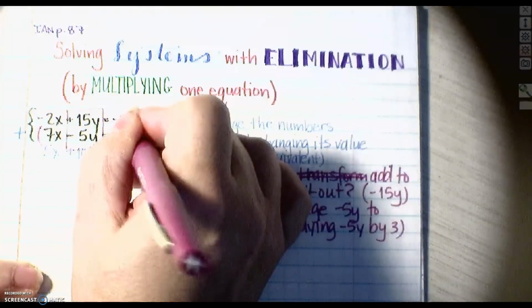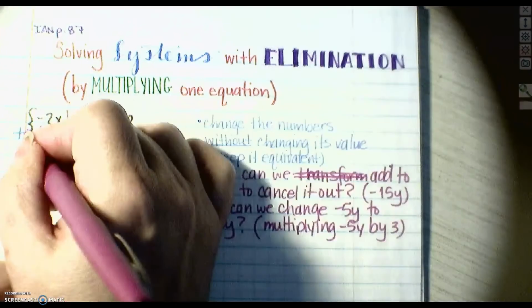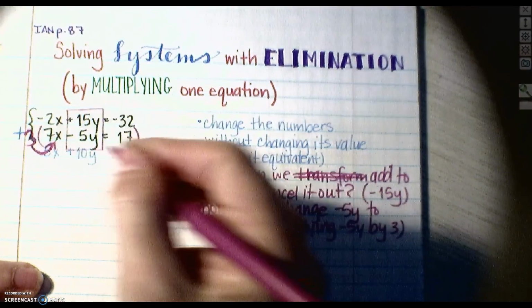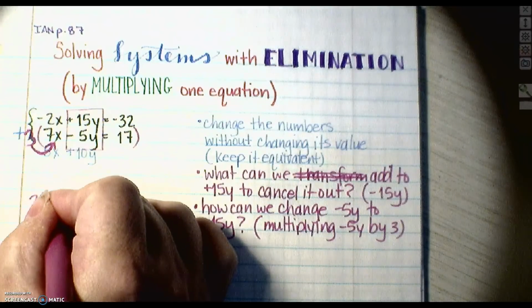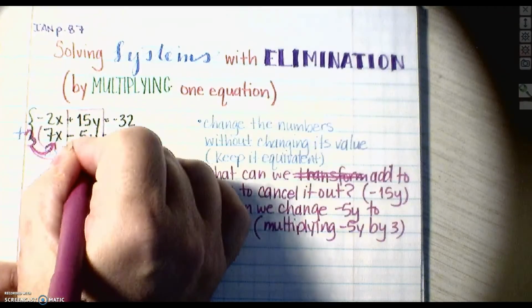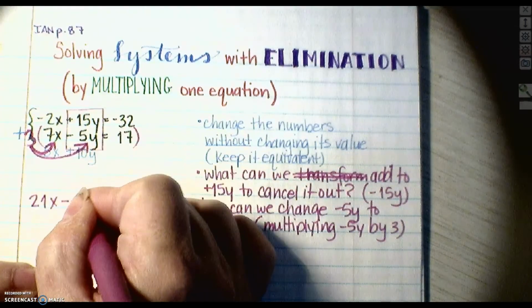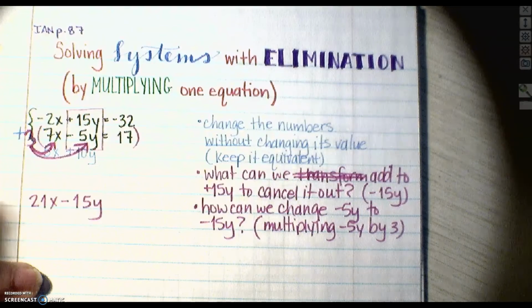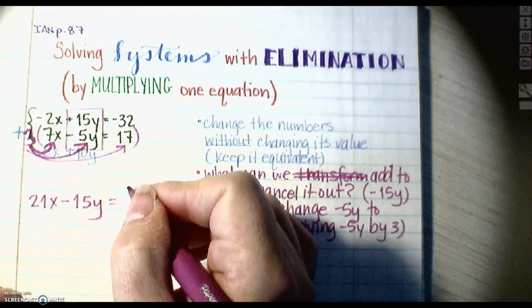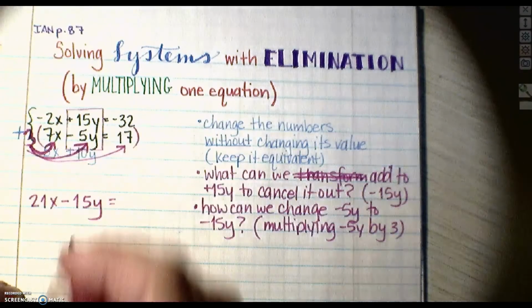So 3 times 7x is 21x. 3 times negative 5y is minus 15y, which is what we wanted. And 3 times 17 is 51.